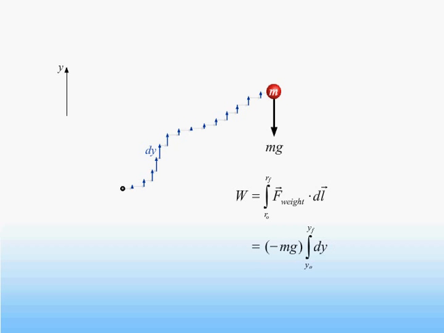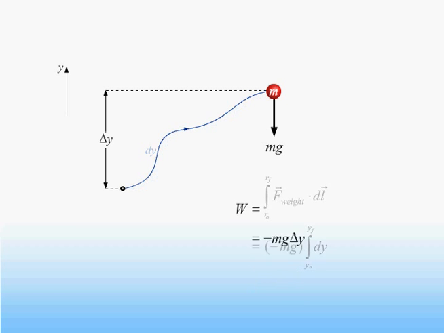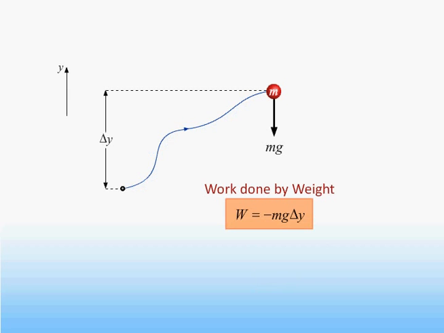Therefore, the total work done by gravity along the path is just equal to minus mg times the total vertical displacement delta y. Note that this formula we have just developed for the work done by the weight does not depend on the path taken, but only on the difference in height of the initial and final points.